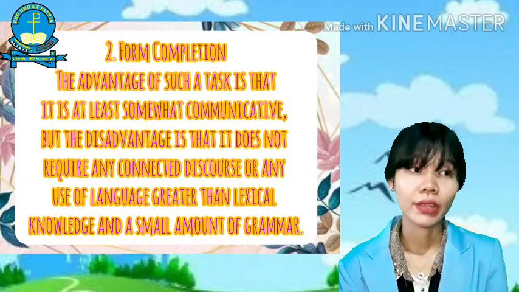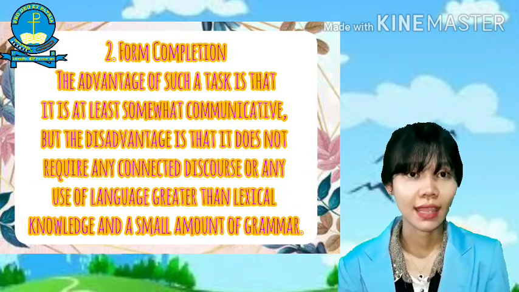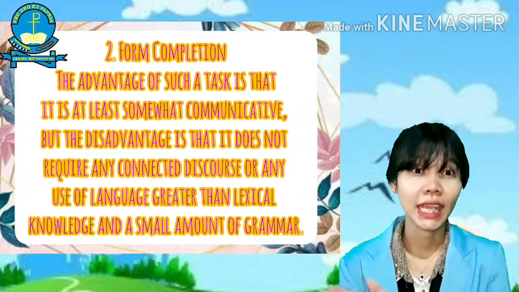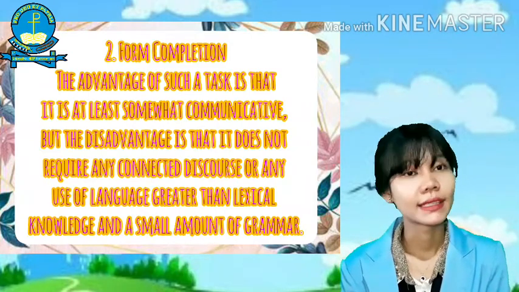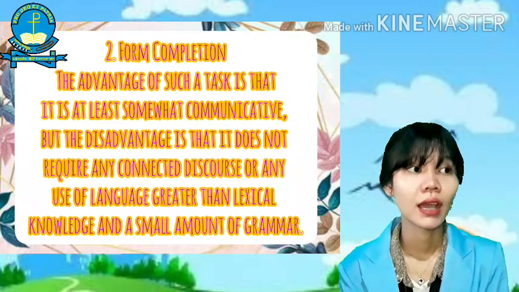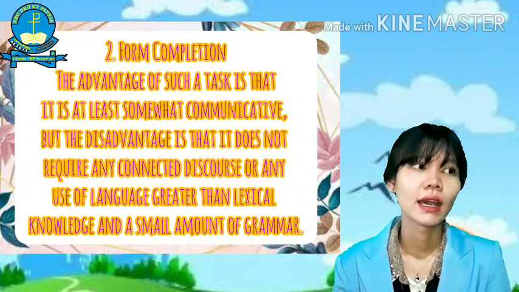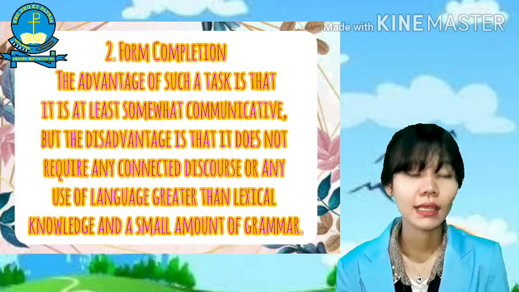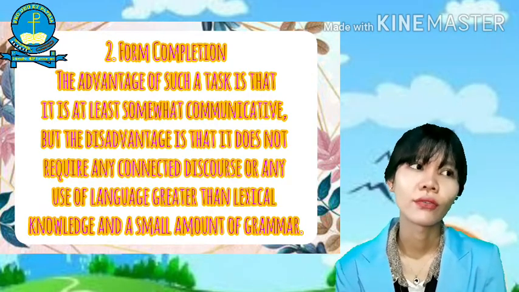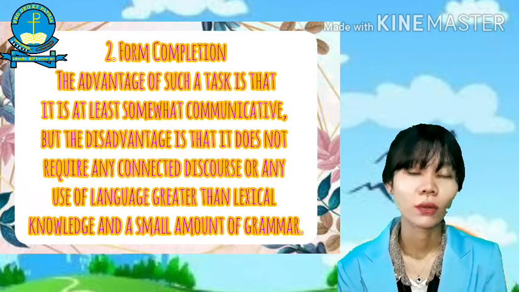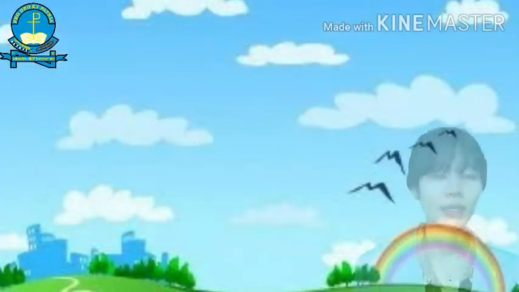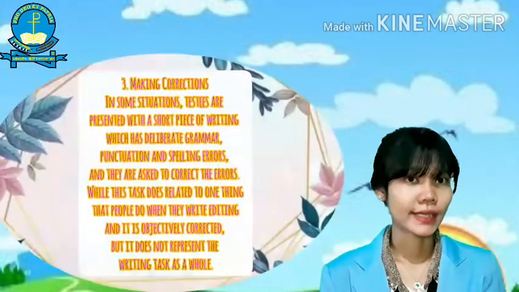The advantage of such a task is that it is at least somewhat communicative, but the disadvantage is that it does not require any connected discourse or any use of language greater than lexical knowledge and a small amount of grammar.